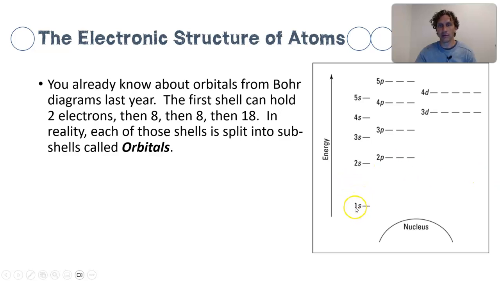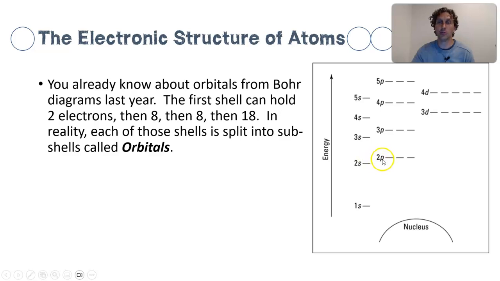So the first energy level has an orbital called an s orbital, and you can fit 2 electrons in an s orbital. And then the next energy level has a 2s orbital, and you can fit 2 electrons in there.